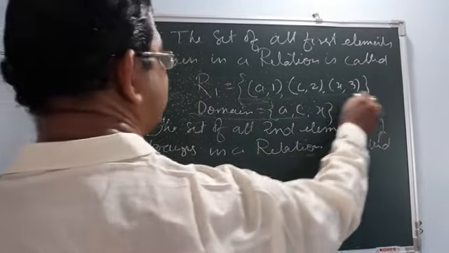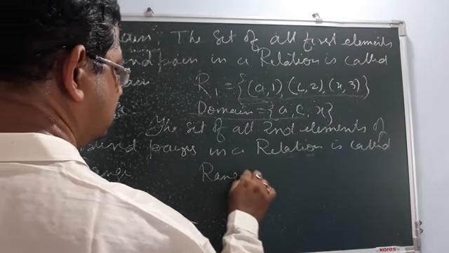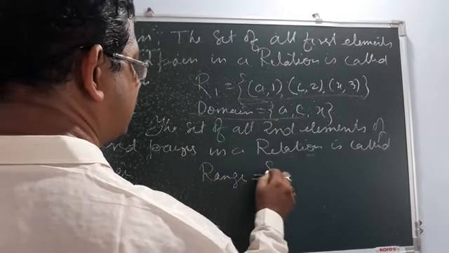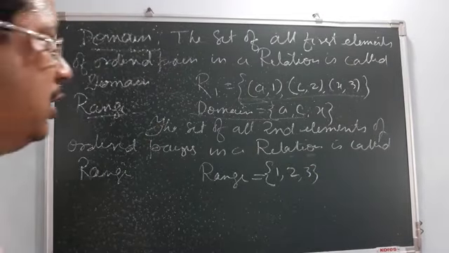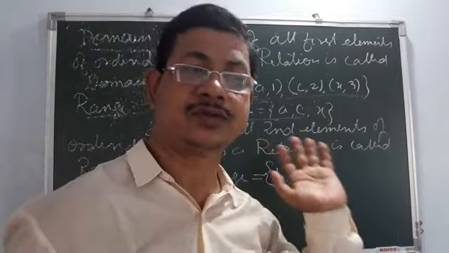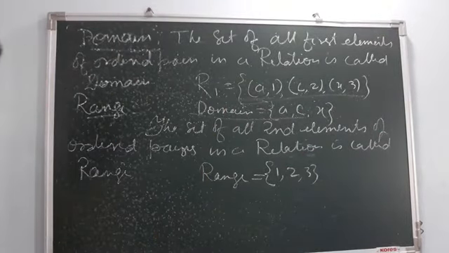Here, if we consider this relation, then the range is a set which contains the elements 1, 2, 3. What are 1, 2, 3? They are the second elements of the pairs. Then it is called our range.